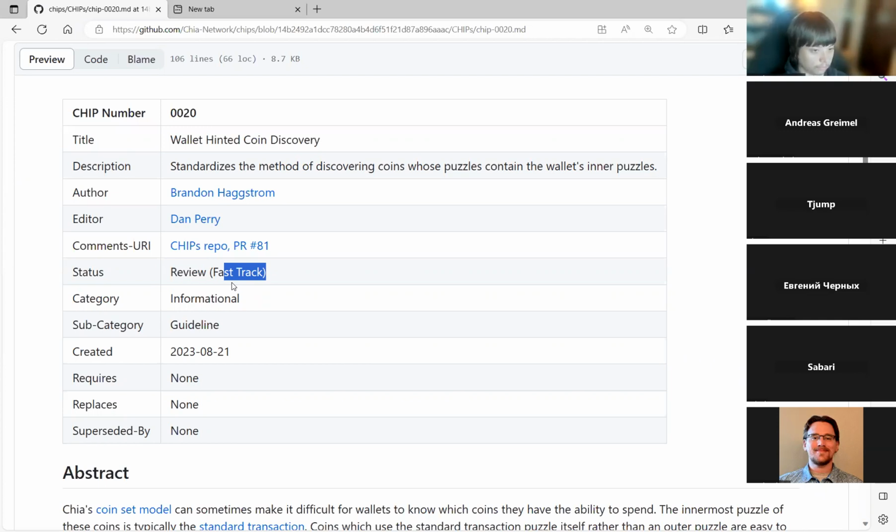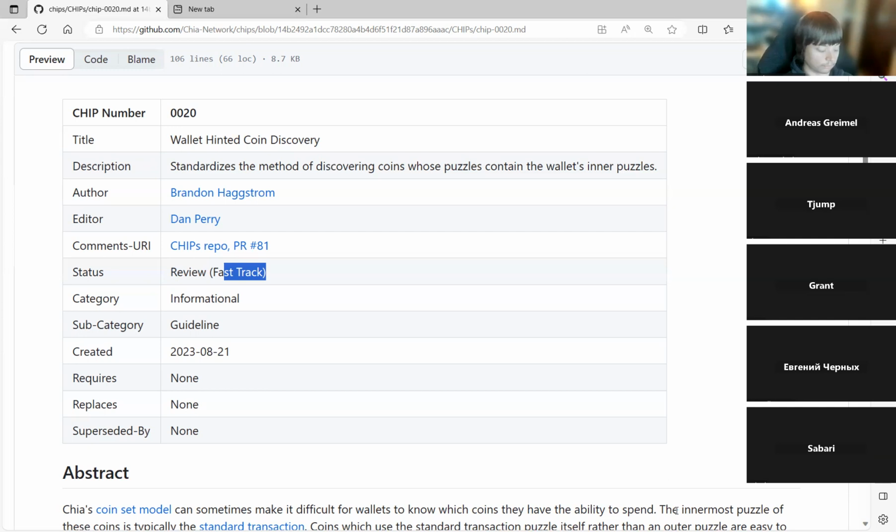And then this will be, like Brandon said, just a guideline for other wallets and ecosystem developers to use. So I think that covers everything that I wanted to know about it. So it's a pretty basic, straightforward CHIP. Does anyone in this room have any questions about it?